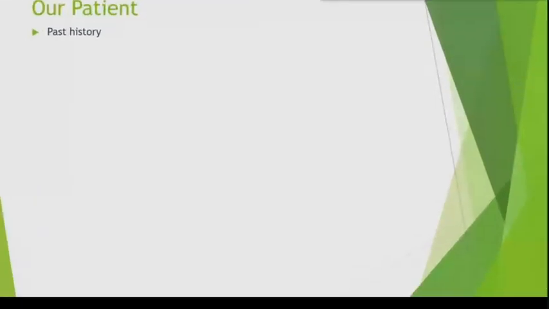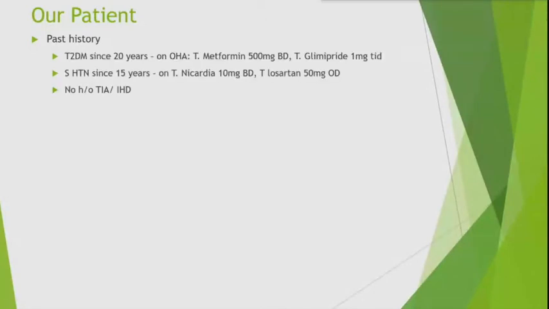Okay, in our patient, he gives a past history of diabetes for 20 years. He's on OHA, metformin, glimepiride. He has hypertension, on Nicardia tablet, losartan, and no history of TIA or ischemic heart disease. So what do you think about the history so far?